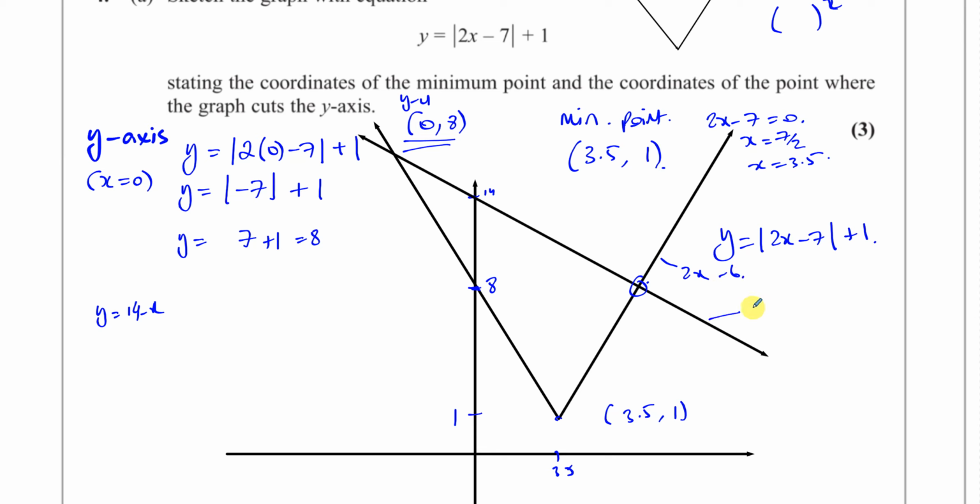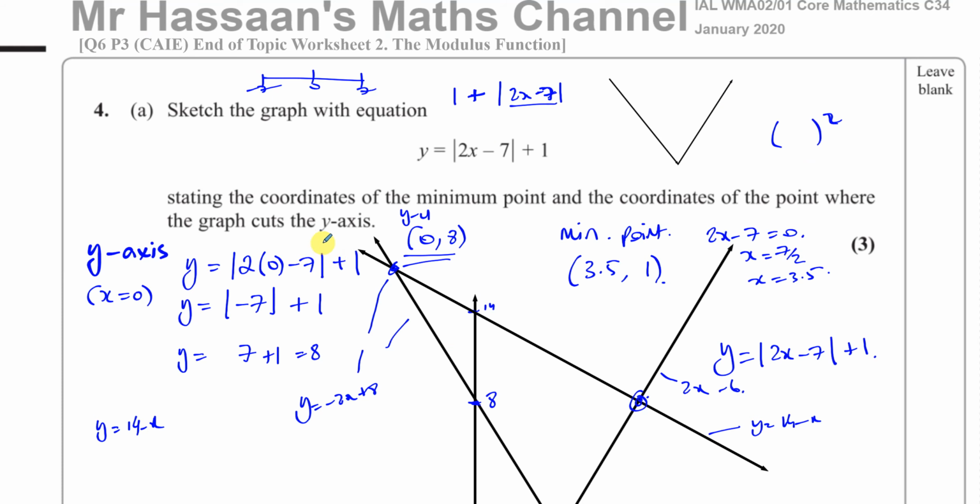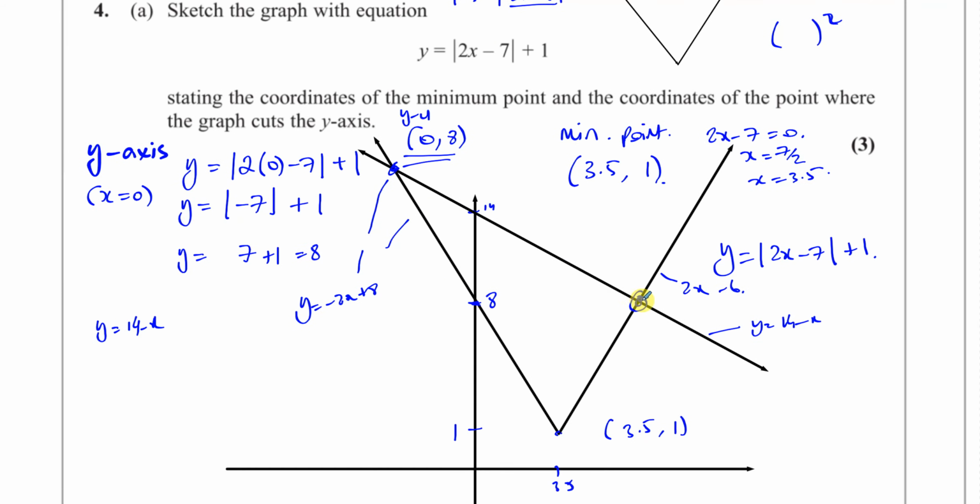Where does that meet this graph, which is y equals 14 minus x? When you equate those, you get this answer here. And this, of course, is the negative gradient part, where you get y equals minus 2x plus 7 plus 1, that's plus 8, which would be this graph here. And you can see definitely they're going to meet. So we can know that these two solutions are correct by looking at the fact that these two lines will definitely intersect in two places.